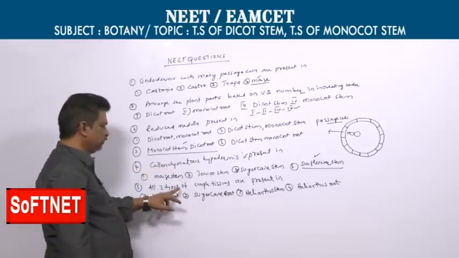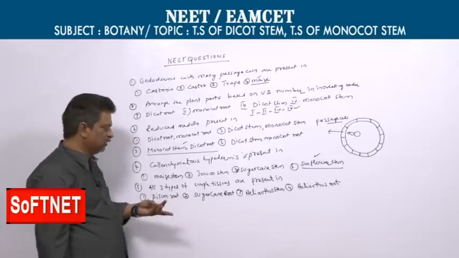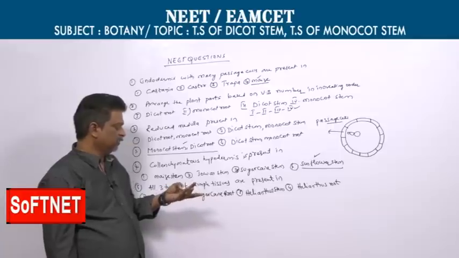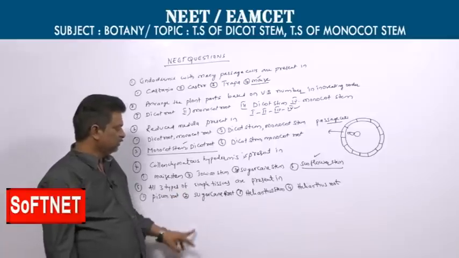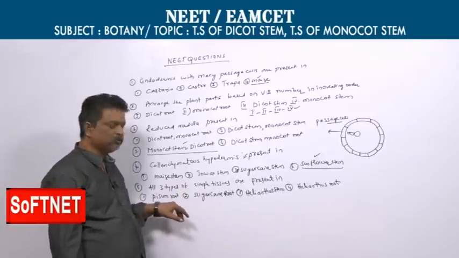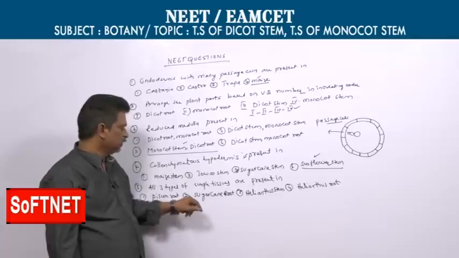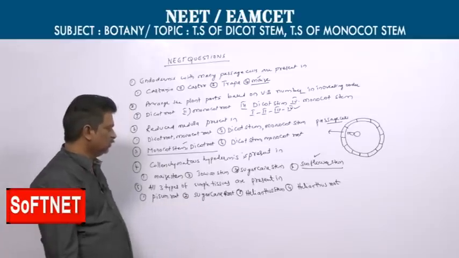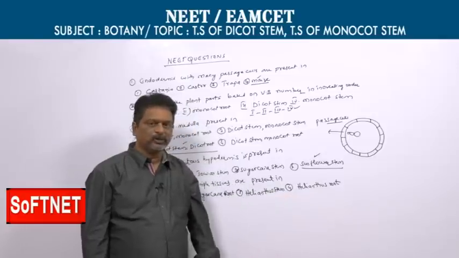Then, all 3 types of simple tissues present in. What are simple tissues? Parenchyma, collenchyma and sclerenchyma. Roots, I just told, in roots collenchyma is absent. So, Pisum root, no collenchyma, right. Then sugarcane root, no collenchyma. Helianthus root means collenchyma is absent.